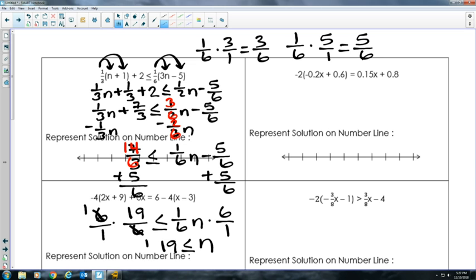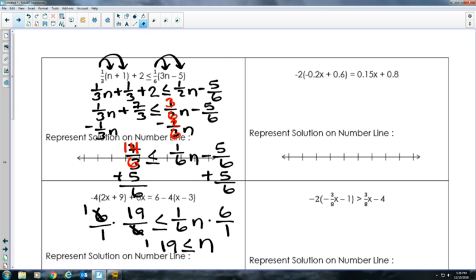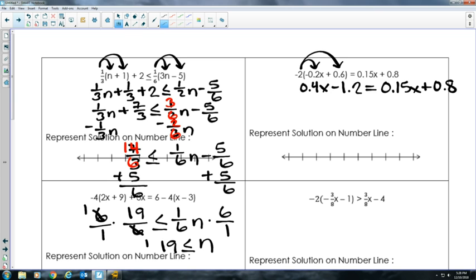All right, now let's erase some of our extra work over here. Okay, let's move on to this one. -2 times -2/10 gives me a positive 4/10 x. -2 times 6/10 gives me a -1 2/10. All right, we can combine our variables.